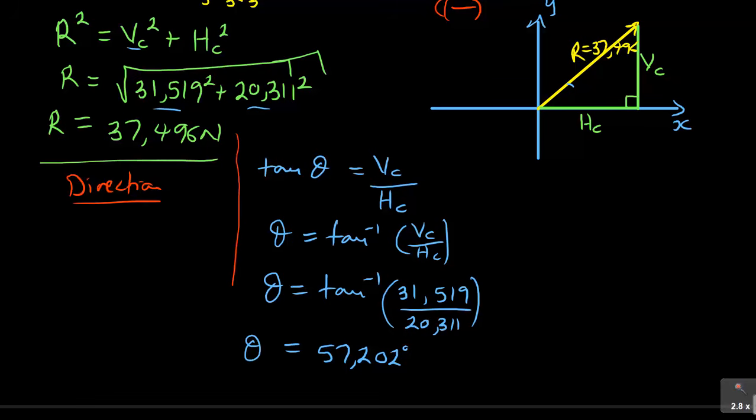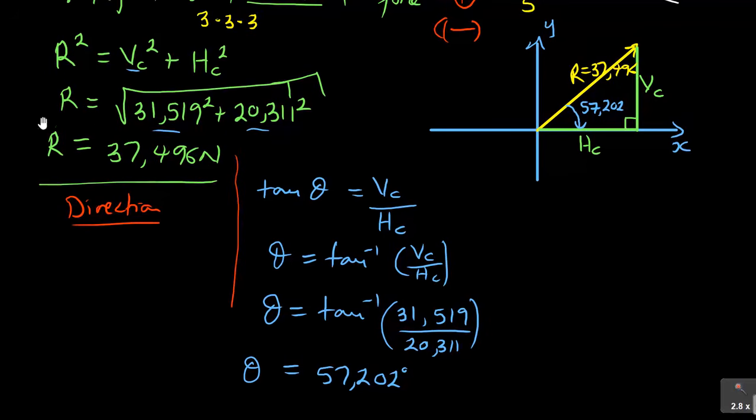Now what is that angle? It is this angle that you're finding, which is 57,202. It's not just, remember, the angle on its own is just a scalar quantity. Now you need to give us the direction of it. You remember that this is your north, your south, your east, and your west.